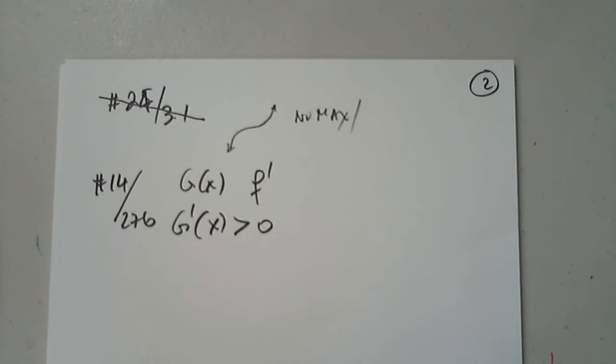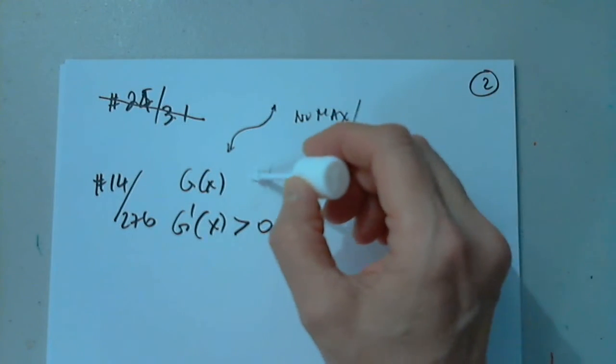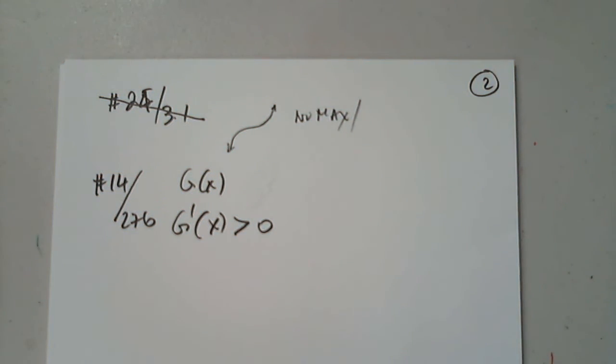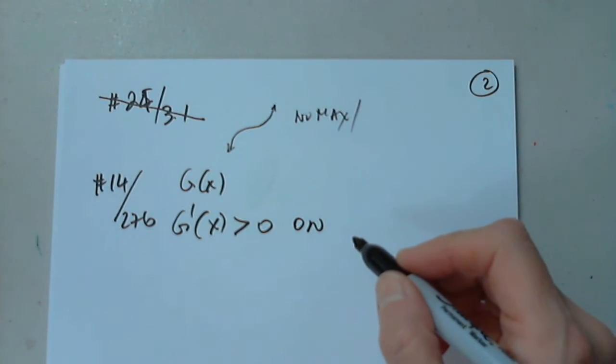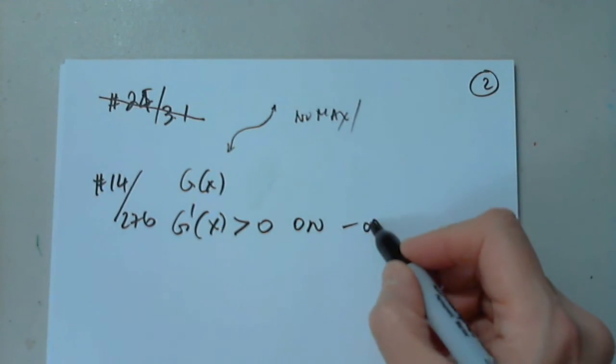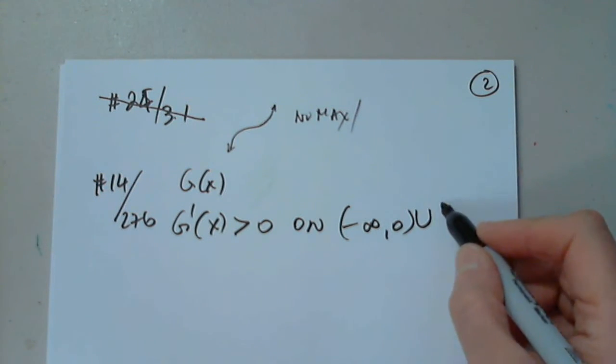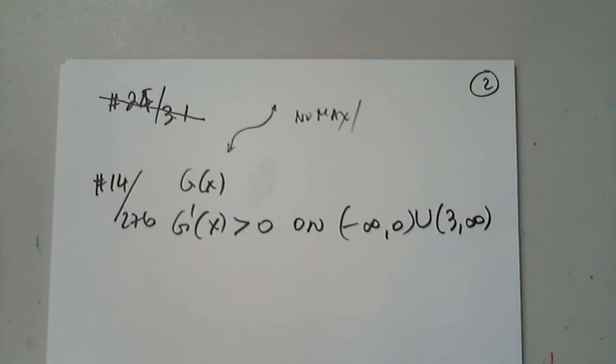over negative infinity to 0. I need to delete this, white it out. Okay, so it says on negative infinity to 0, union 3 to infinity. That's the first part.